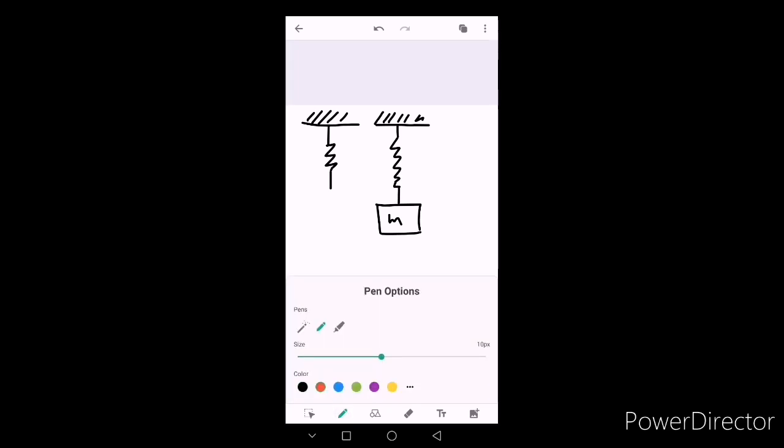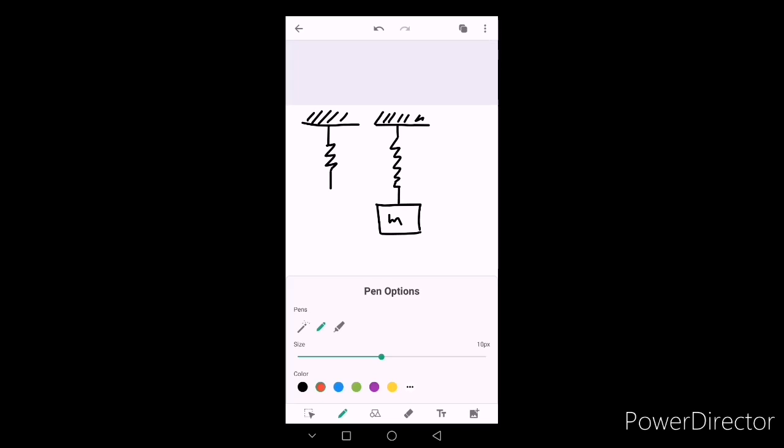So, here is our spring, let's say it has no load yet. Okay? And let's consider the position of a spring attached with a block with weight M. As you can see, our spring has been stretched to a certain elongation.